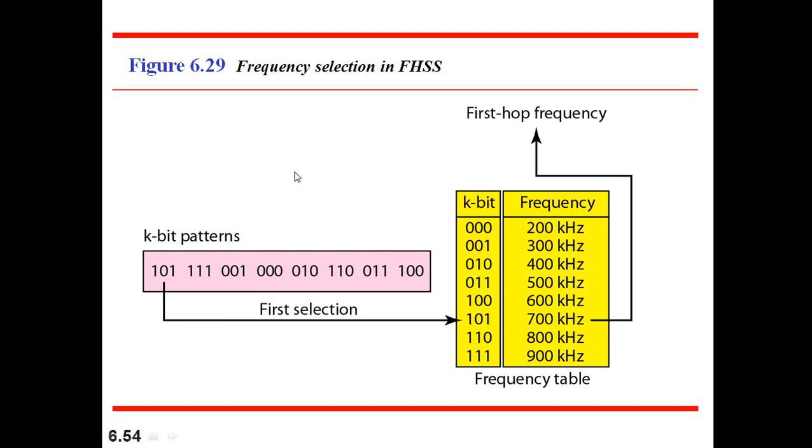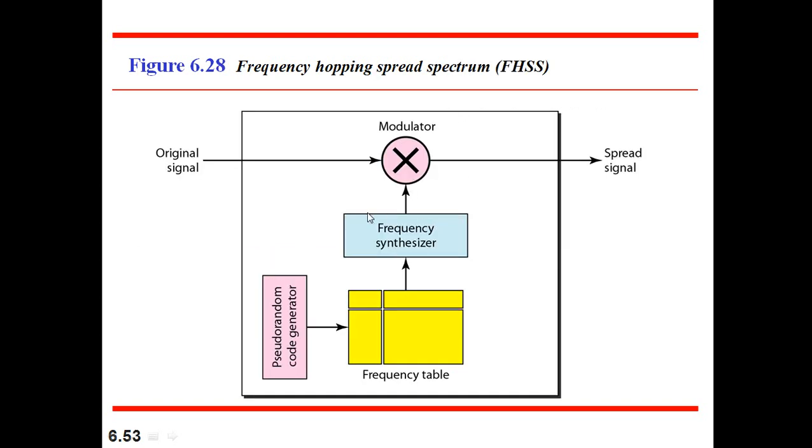The pseudo random noise creates a k-bit pattern, and based on this k-bit pattern we select the carrier frequency. We pass this information to the frequency synthesizer, which produces a carrier signal of that frequency, and the original signal modulates that carrier signal.